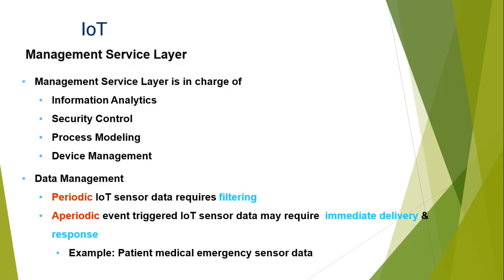For example, patient medical emergency sensor data. If you find something wrong with your heart, or a heart pacer is sending out a signal, well, that needs to be sent with first top priority. That is part of periodic and aperiodic data management.